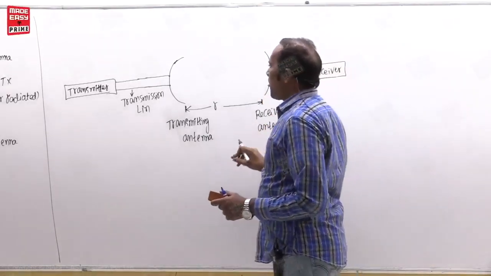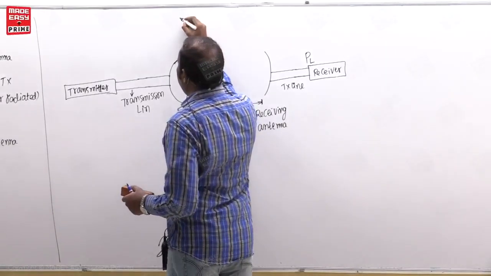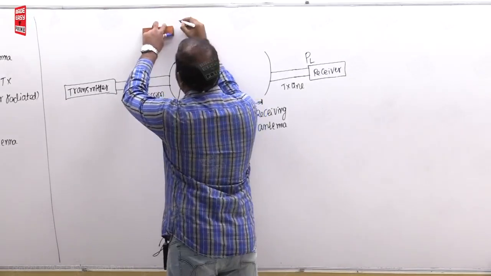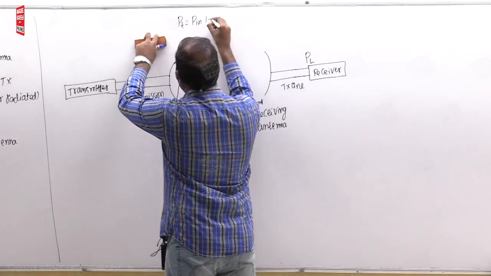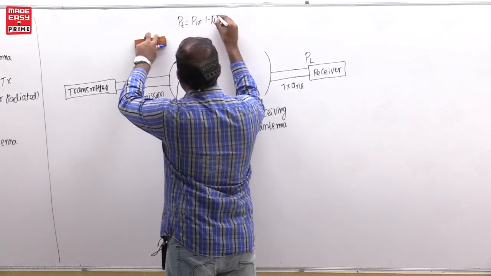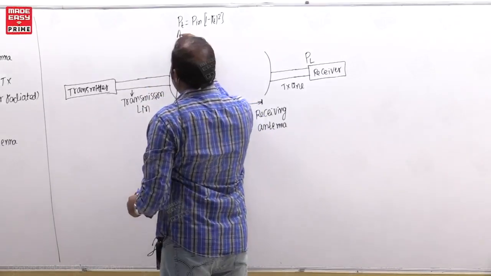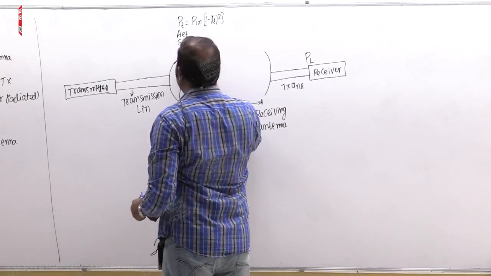Okay. Now here let us say this is the transmitting antenna. It is transmitting PT power, that is equal to Pin into 1 minus gamma T square. I will tell you what that is. Then it has the effective area of the transmitting antenna and the directive gain of the transmitting antenna.